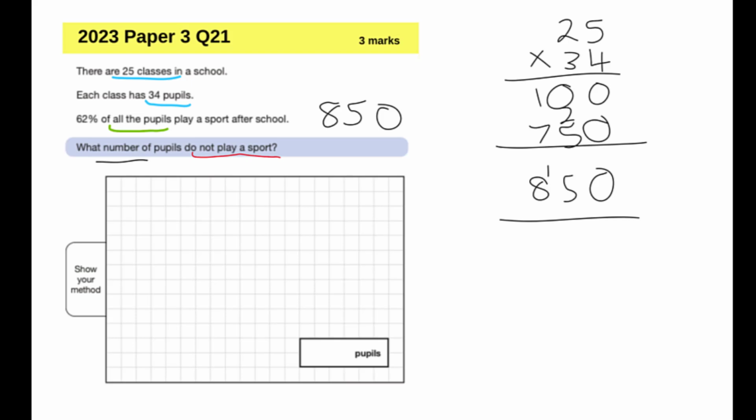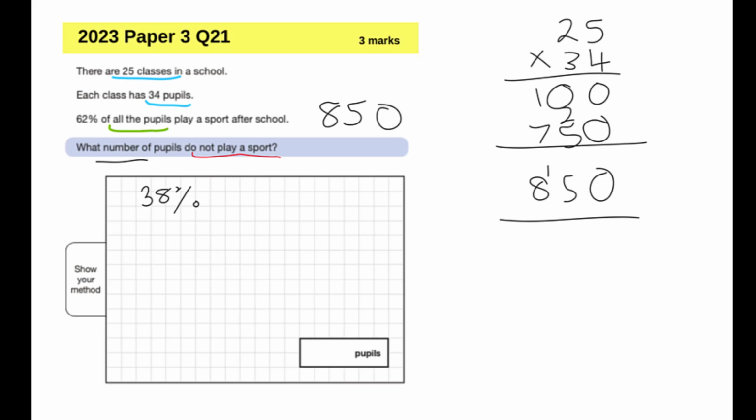Now you could find 62% of 850 and then subtract that to find the children who don't play a sport, or we could just find the percentage of the pupils that do not play a sport. So if 62% do play a sport, that means that 38% don't play a sport.